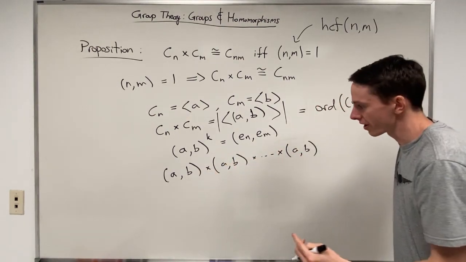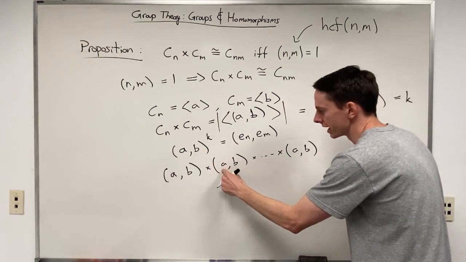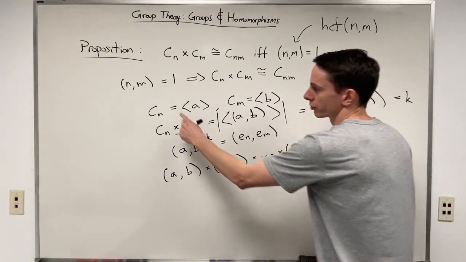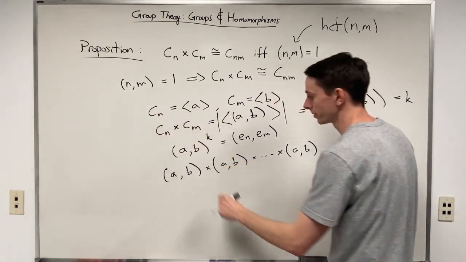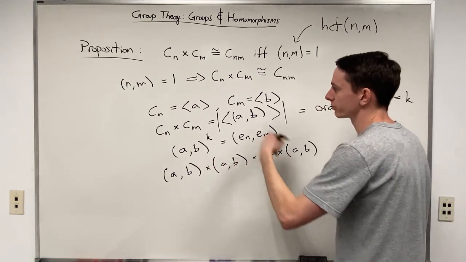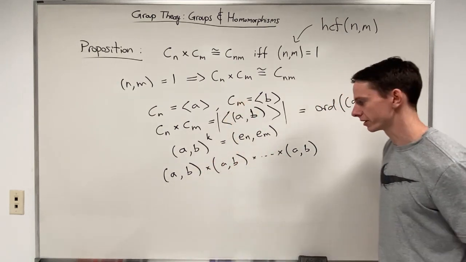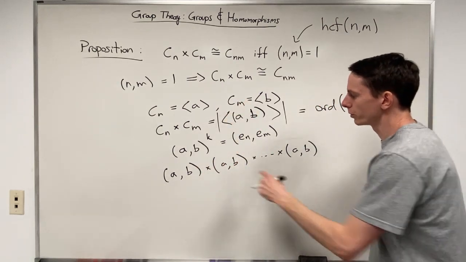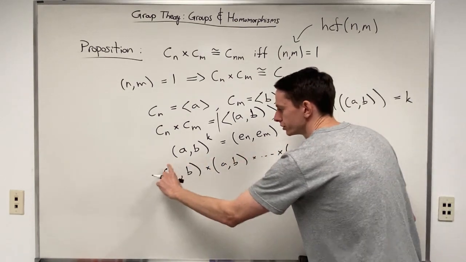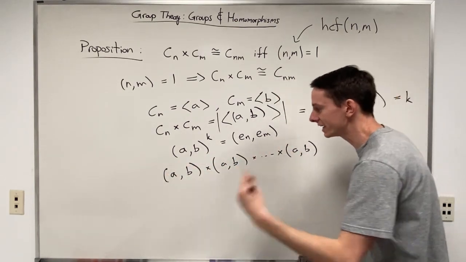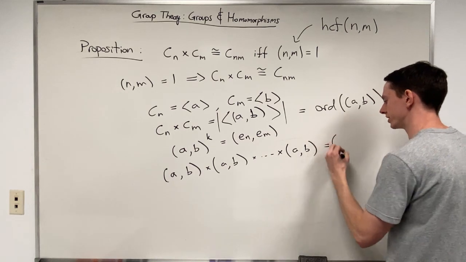And the way that this interacts is that a multiplies a by the operation defined within this group, and b multiplies b by the operation defined within this group right here.